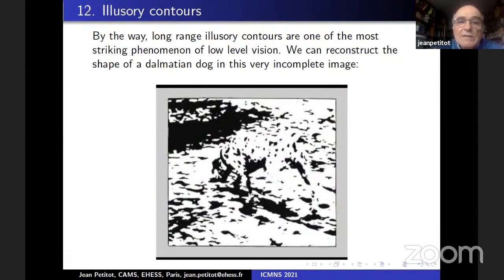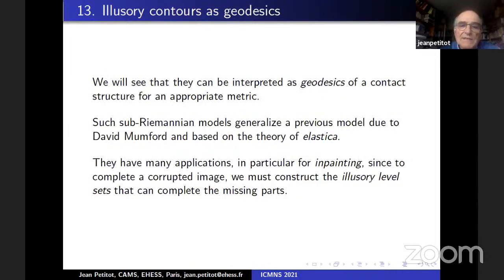By the way, long-range illusory contours are one of the most striking phenomena of low-level vision. For instance, we can reconstruct the shape, and it is a well-known example of a Dalmatian dog in this very incomplete image. And we will see that they can be interpreted as geodesics of a contact structure for an appropriate metric. And such sub-Riemannian models generalize the previous model due to David Mumford and based on the theory of elastica.